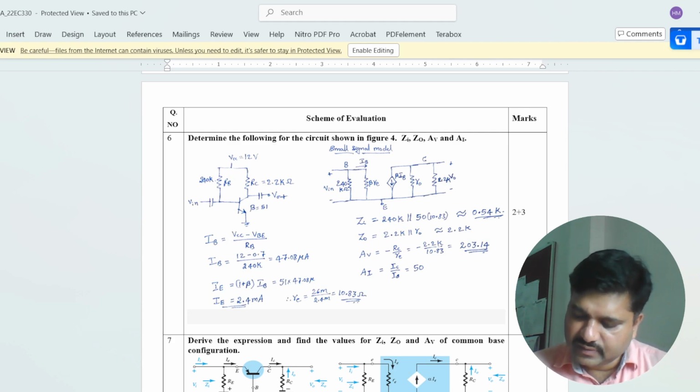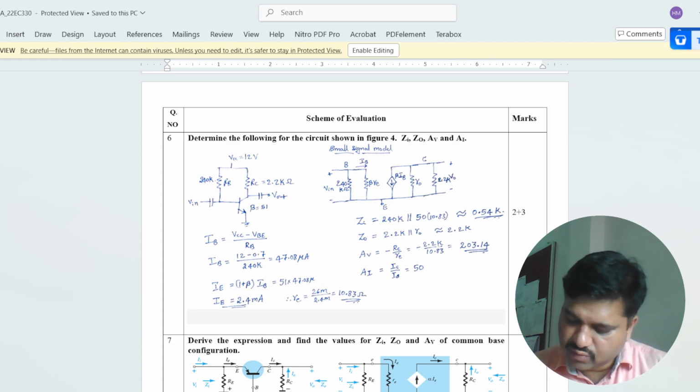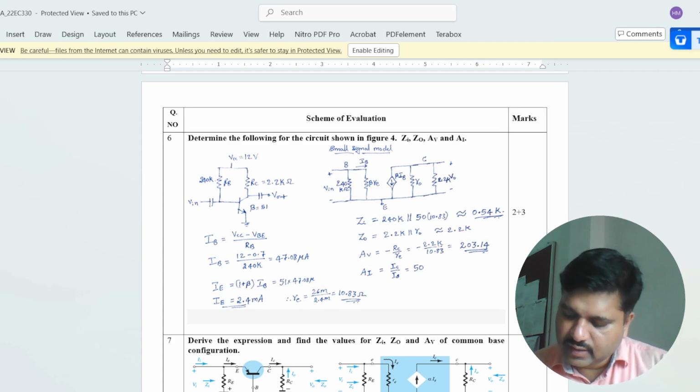Using this you will get VCE directly, which is VCC minus ICRC. You can substitute the values: 12 minus IC, 2.4 milli, times 2.2 kilo ohm.